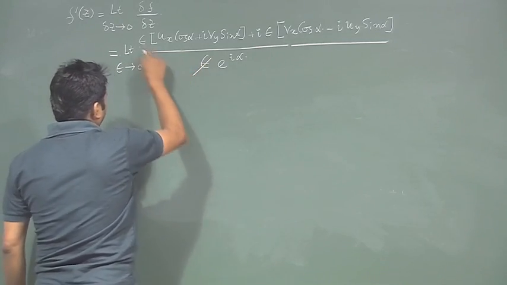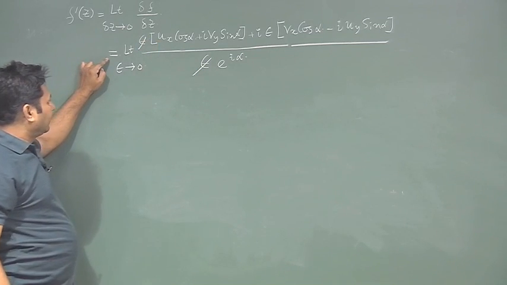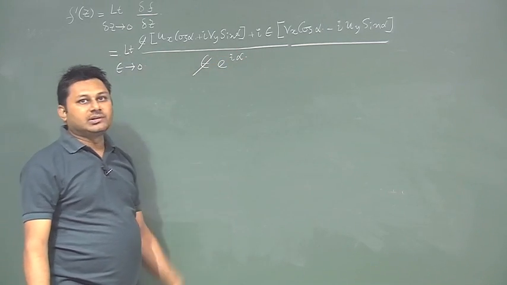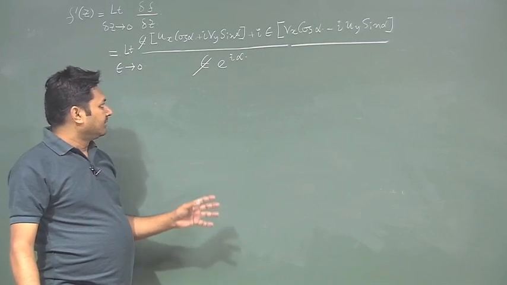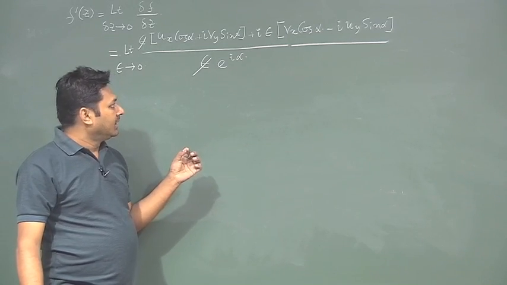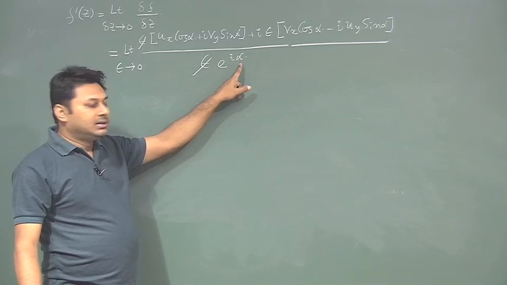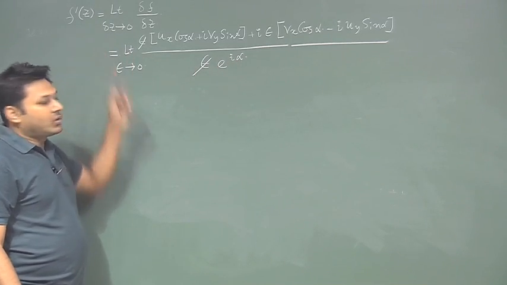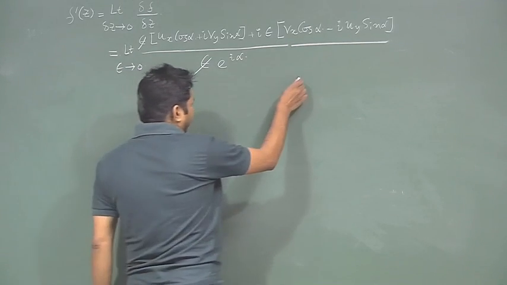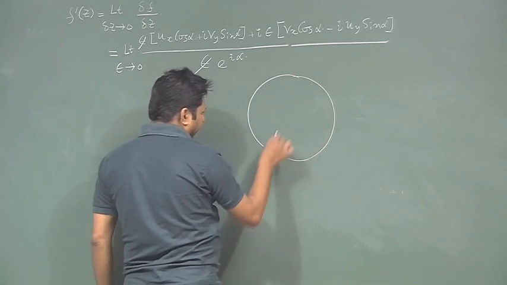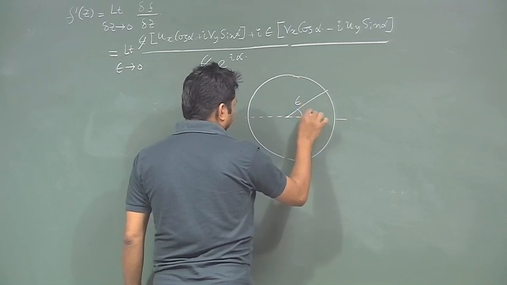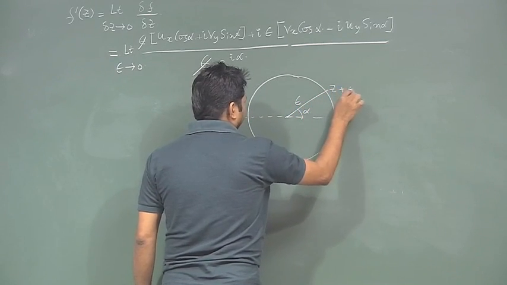So, I can cancel this epsilon, and this entire quantity now depends on one variable, which is alpha. Now, whatever the approach may be, in whichever direction I go to that particular point, if it is alpha independent, that means my derivative is true for all approaches, not any preferred direction. Let me try to understand once again. This is epsilon, this is alpha, this is z plus delta z.